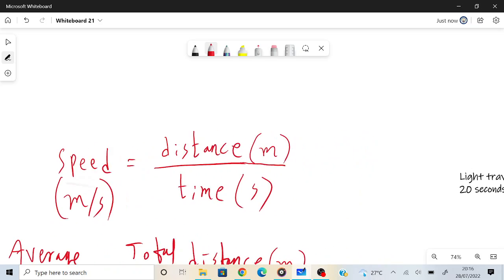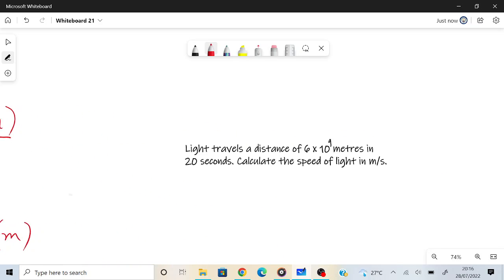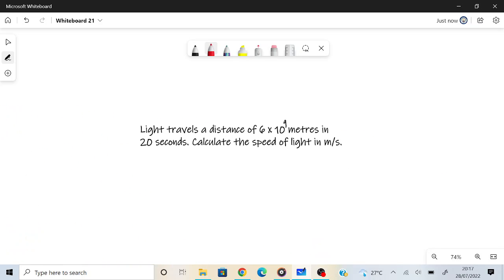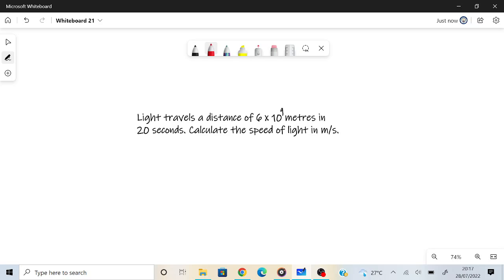So let's look at the first example we have, because this is an example oriented topic. The more examples you do, the more comfortable you'll eventually become. So the first example here says light travels a distance of 6 times 10 to the power of 9 meters in 20 seconds. Okay, good to know. Calculate the speed of light in meters per second.